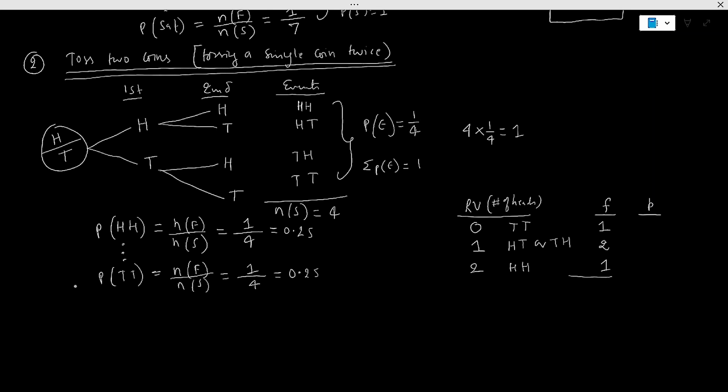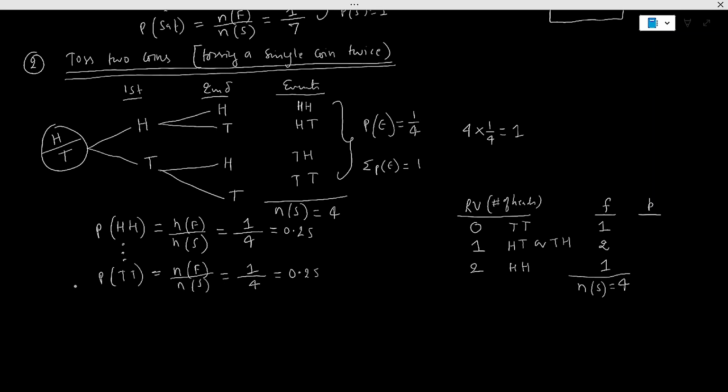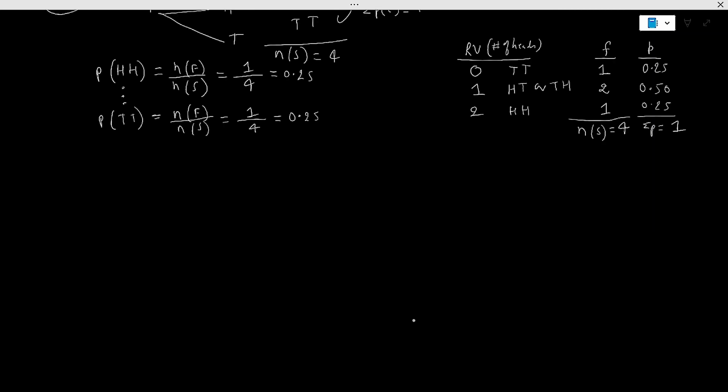When we divide the frequency by the number of elements in the sample space, we get the probability, 25%, 50%, 25%. And if we add the probabilities of all the events in the sample space, that should be equal to 1. For each element in the random variable, we have its corresponding frequency.